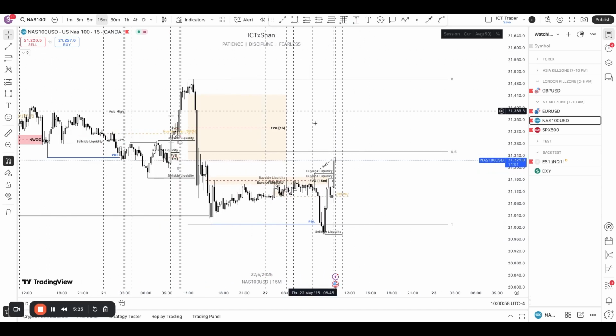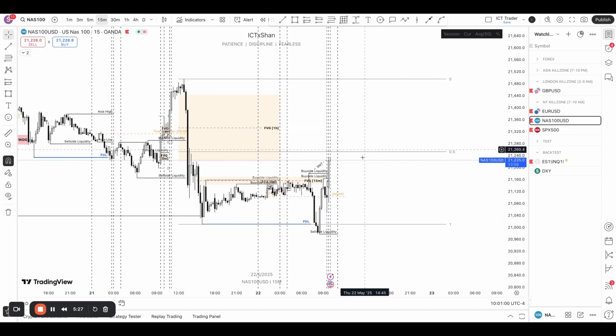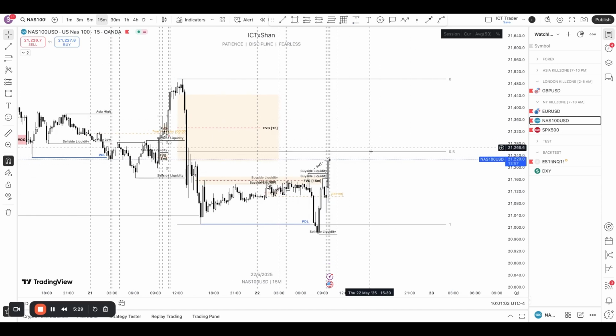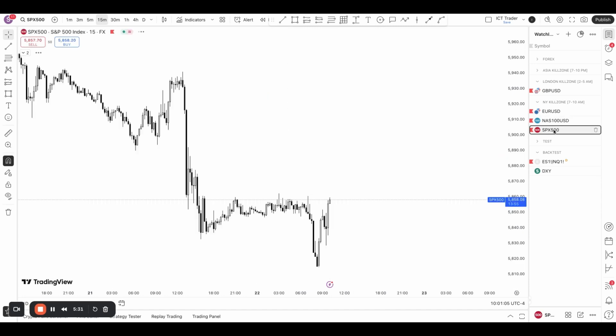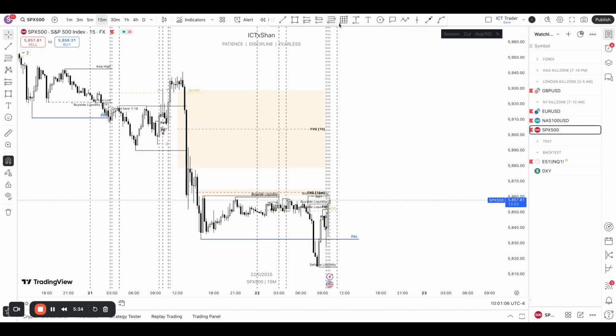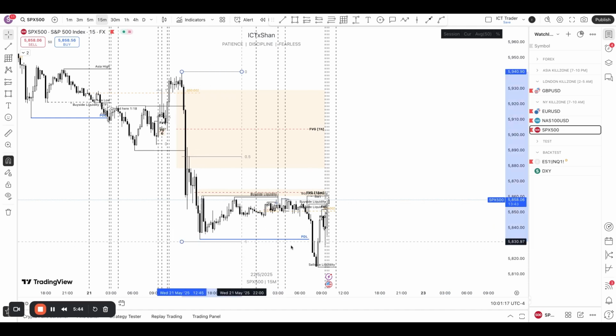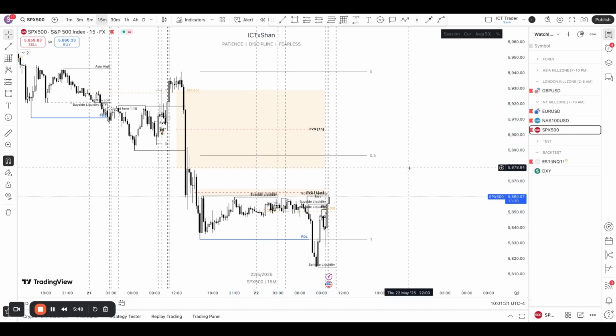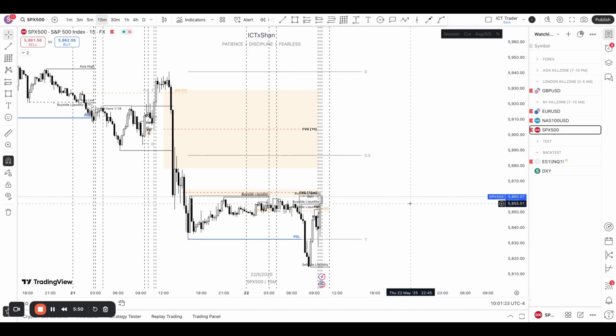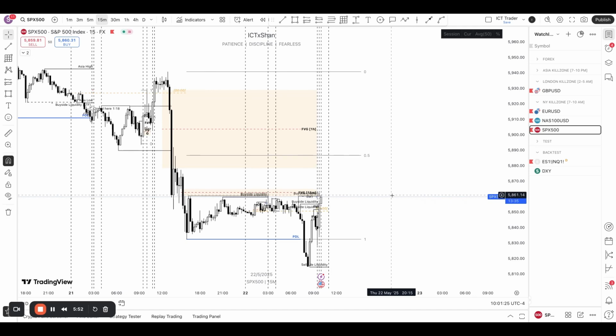So when it comes to NQ, it didn't hit the 50 percentage, but when it comes to ES, yeah, ES is not even doing that much. So let's see from here to here. Okay, here you go. So it did not even complete the half of this portion. We'll see.